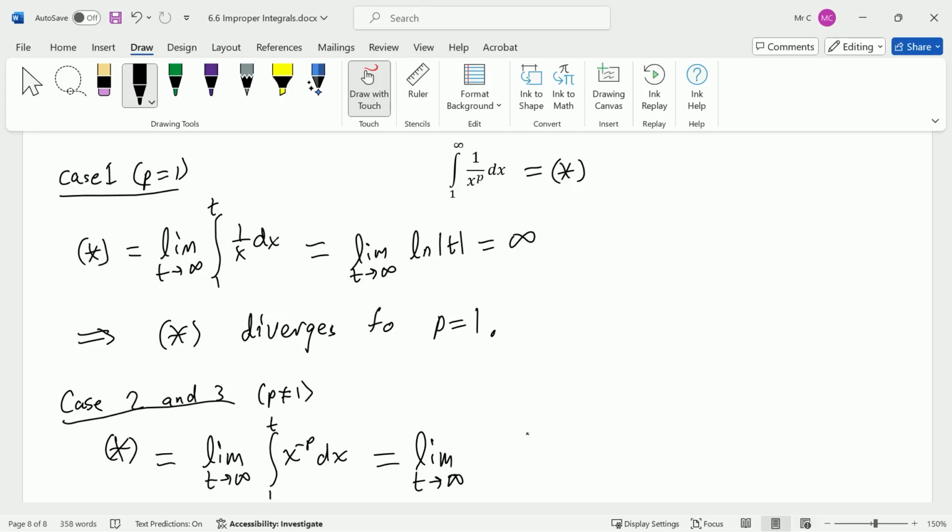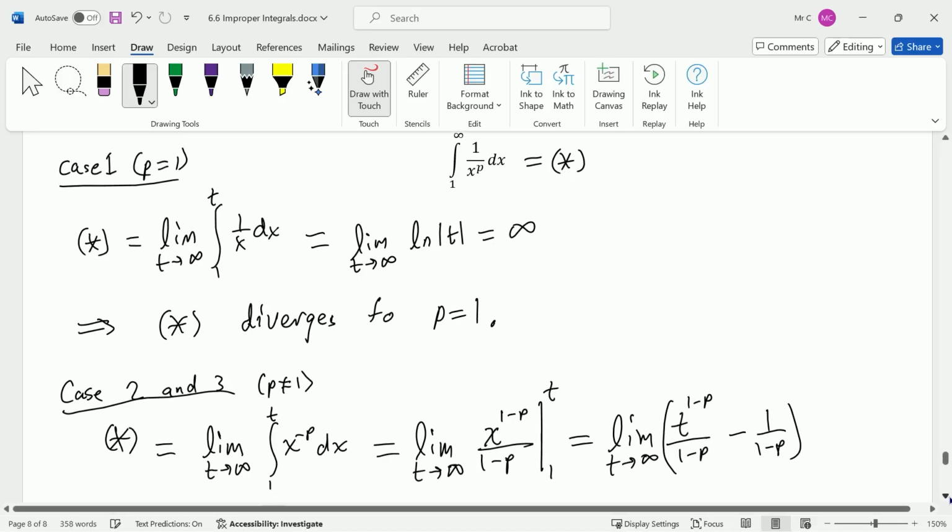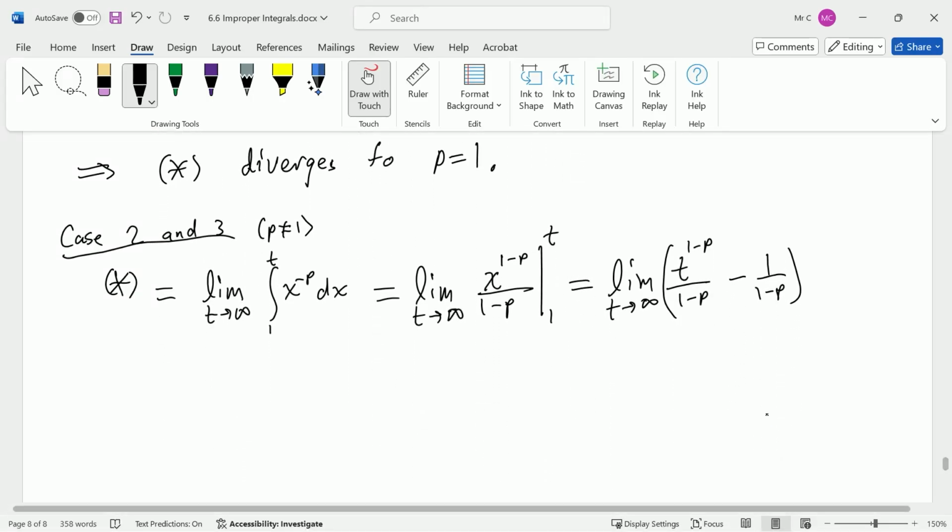Now I take my antiderivative, I add 1 to the power, so negative p plus 1, but I can also write that as 1 minus p, over the new power, 1 minus p, and I evaluate from 1 to t. That gives me t to the 1 minus p over 1 minus p, minus 1 over 1 minus p. And now, here's where we have to split up into case 2 and 3 separately. So now I'm going to call this double star, just so I don't have to rewrite it every time.